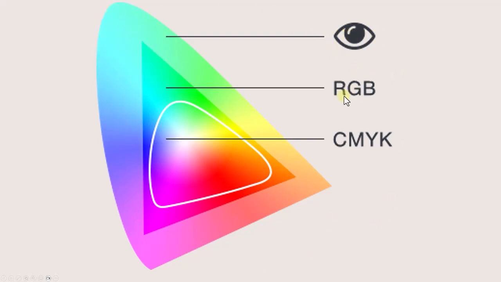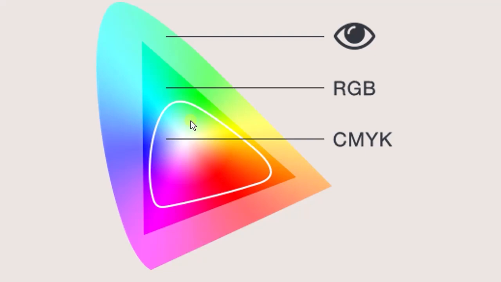So you see that RGB cannot see every single color that our eyes can see, and CMYK can see even less. So if you are in these CMYK colors and you create a color that is outside of this little line that I've got my mouse on, it will be called out of gamut, G-A-M-U-T.